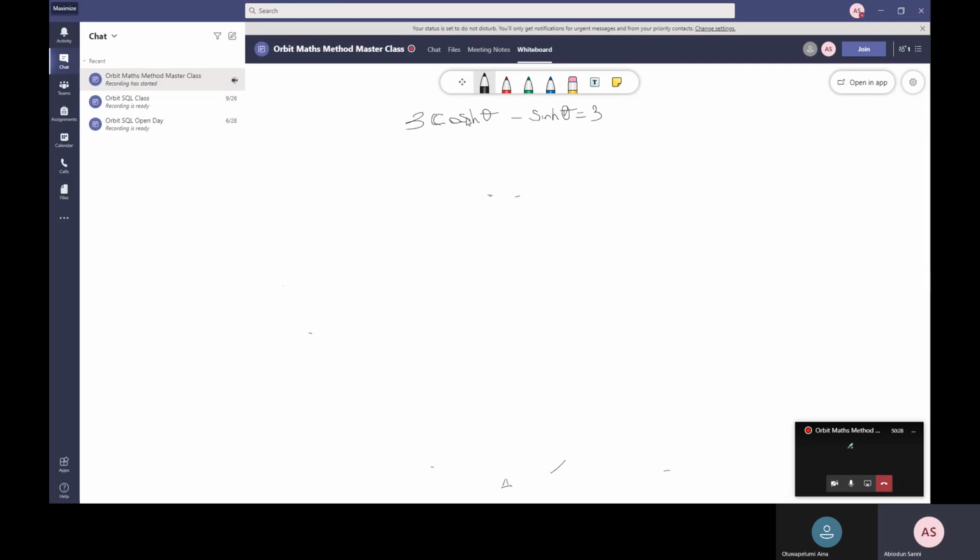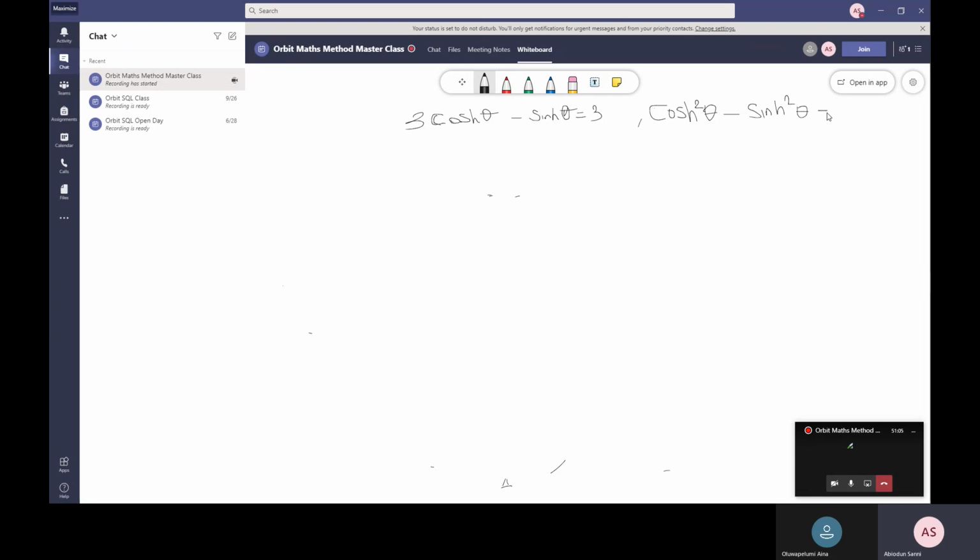The first thing is to keep in mind that this is going to be solved like a quadratic equation. You don't have 2 equations, just 1 equation. So how can I make everything cos theta or sine theta? Have it at the back of your mind that cos squared theta minus sine squared theta is equal to 1.